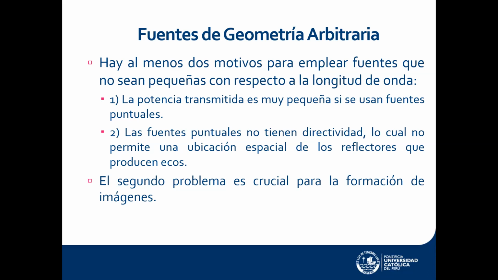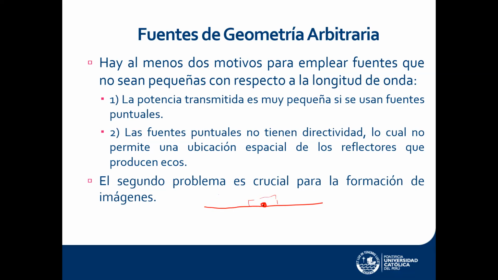The second reason is probably equally, if not even more important: if you have very, very small transducers, they behave like a point source. And point sources don't have directivity. If you remember, we said, here's the interface, and here I place my transducer.